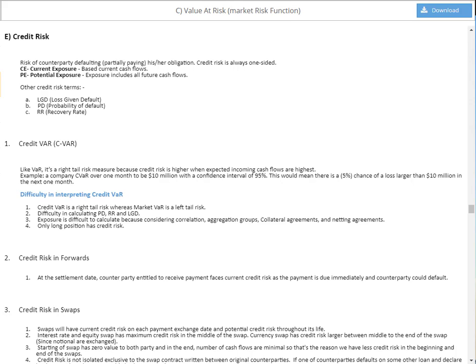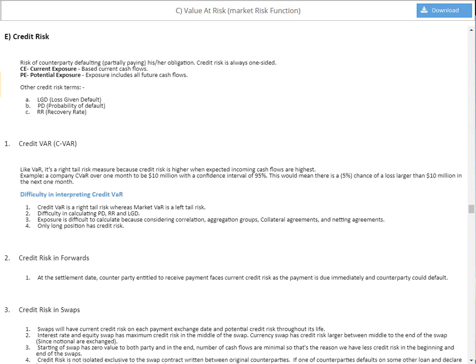So it's a right tail risk, because here we're not talking about the losses, but about the profits which turned into losses because the payments are never received, or are only partially paid.